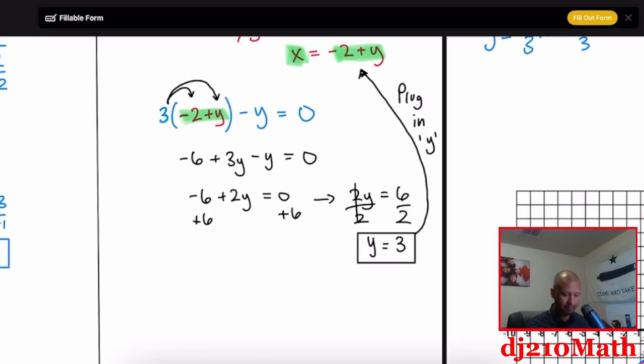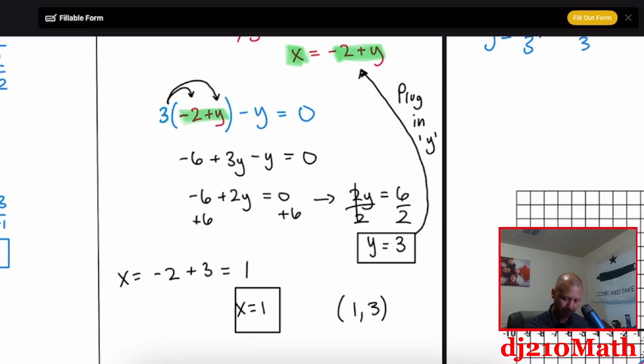This is going to be x is equal, that's nice, -2 plus y is 3. So -2 plus 3, positive 1. So x is equal to 1. And our solution, one solution, 1 comma 3. Right, one solution.